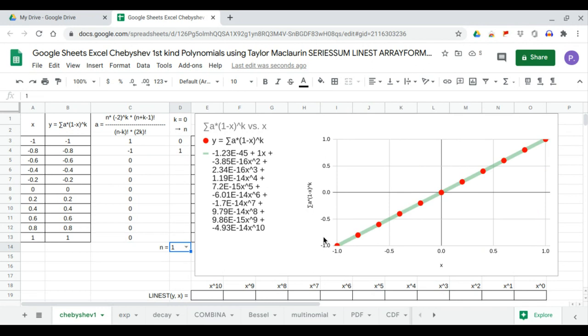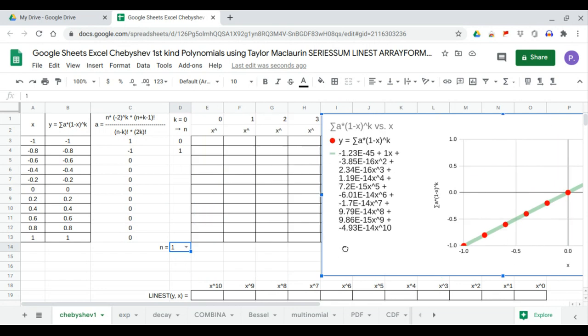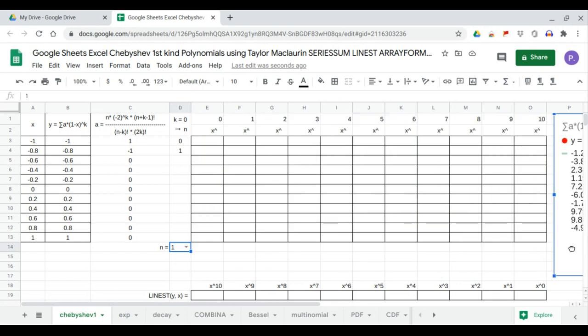So at n equals 0 or n equals 1, our trend line polynomial y equals x, so 1x. Now we'll calculate these regression coefficients using Linest. To do that, we complete the 1 comma x matrix. So here we have the 1 comma x matrix, which is array formula of the x values raised to the power 0 to 10.